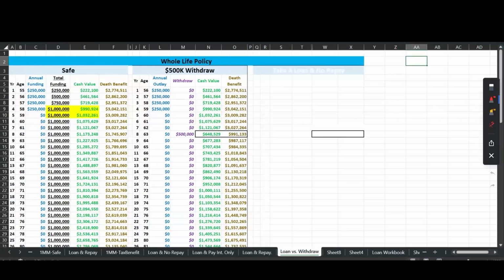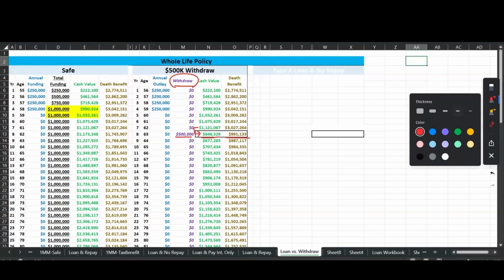But in this example, $500K loan. There's your cash value balance, $650,000. There's your death benefit, a little under $1 million. Now in this example, we took this money out. It's not a loan where we can pay it back or anything like that. We cannot pay this back.